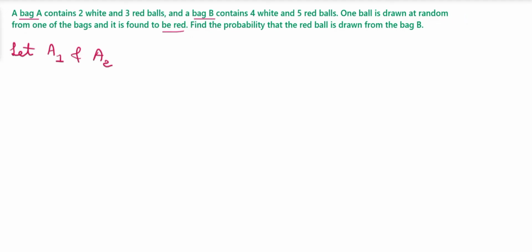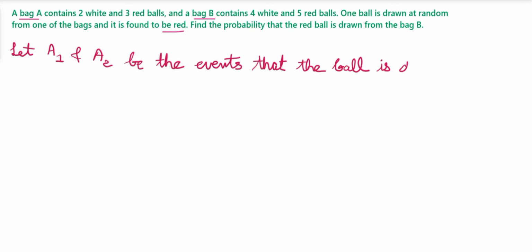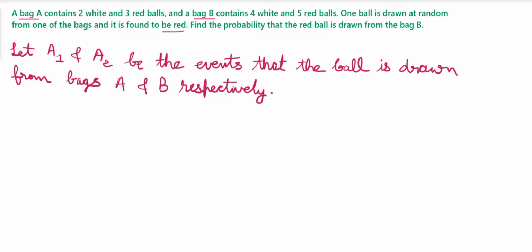From this we'll create our events. We'll call the bag A and B as the events A1 and A2. We can write it like this: let A1 and A2 be the events that the ball is drawn from bag A and B respectively, and we'll create another event which we'll call B, which will represent that the ball drawn is red.